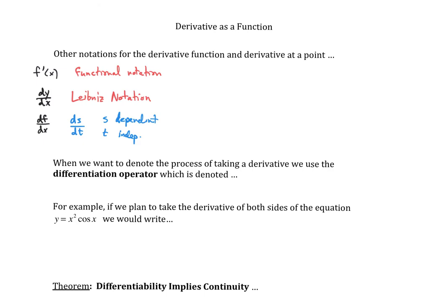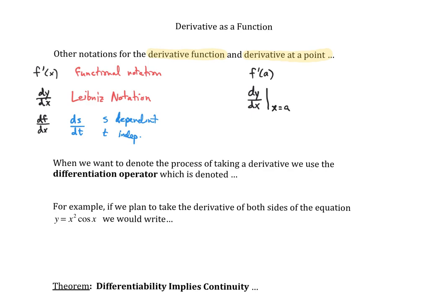There's another way that we could describe the derivative at a point. So earlier we looked at the derivative function. What about the derivative at a point? Well, when you look at the derivative at a point, again, we know that you could have f prime and then you just plug in that point a. That's one way you could do it. If you wanted to use Leibniz notation, that would be dy dx, and we're going to put a vertical line and then put x equal to a there.